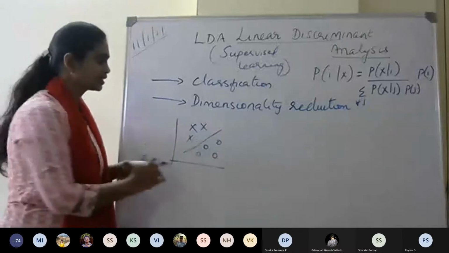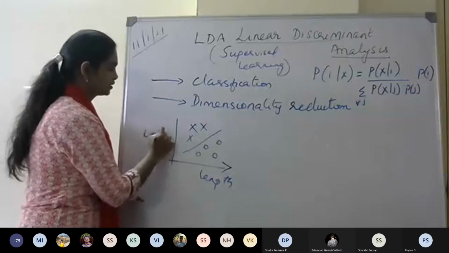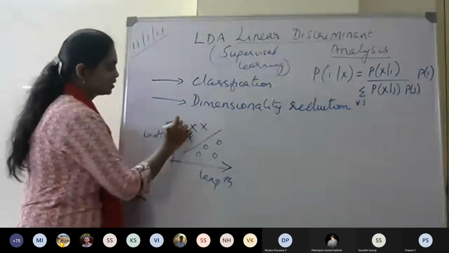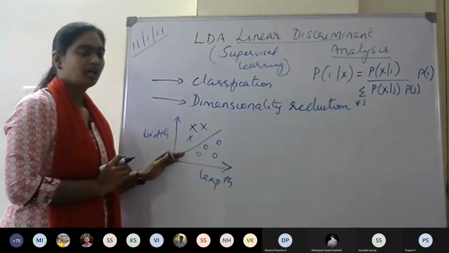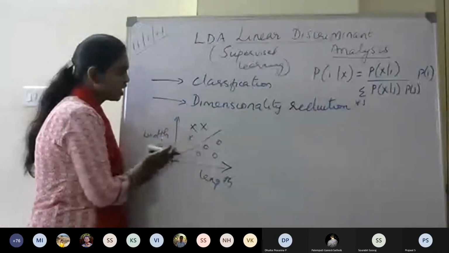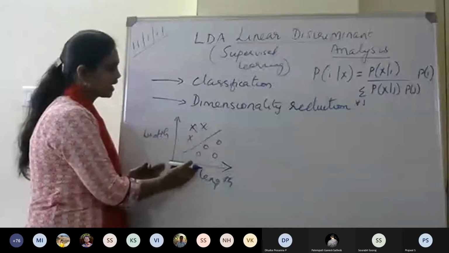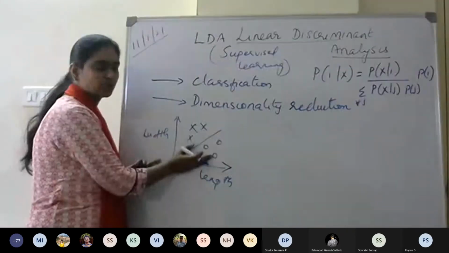For example, if I have length and width, then based on the length and width, suppose length is more and width is somewhat less, and if length is average and width is more, then the objects will be grouped like this.